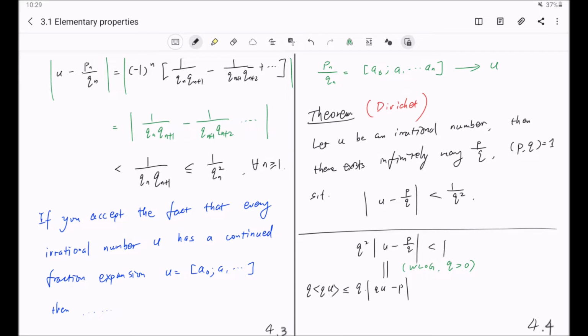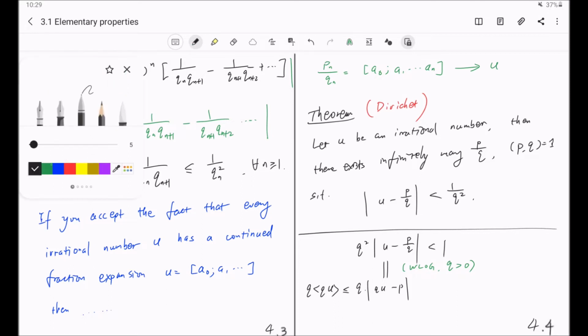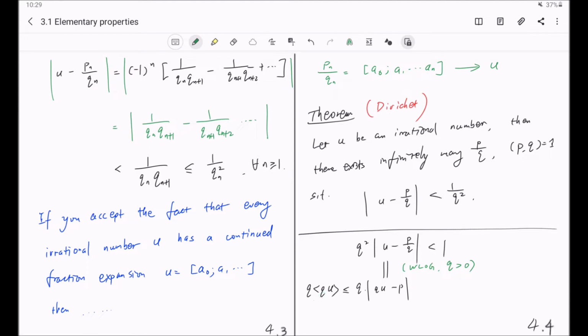And the decimal part of qu, so here this notation means qu minus the floor of qu, which is the decimal part of qu.